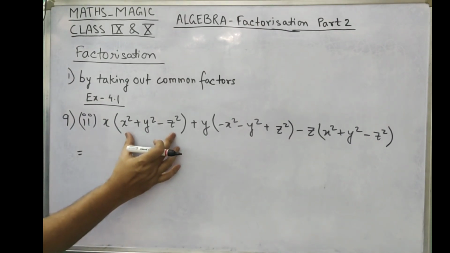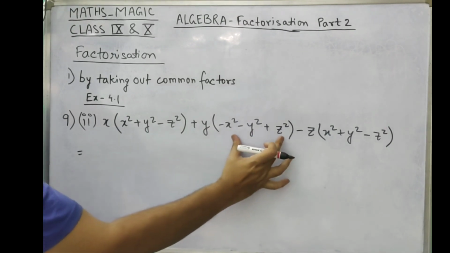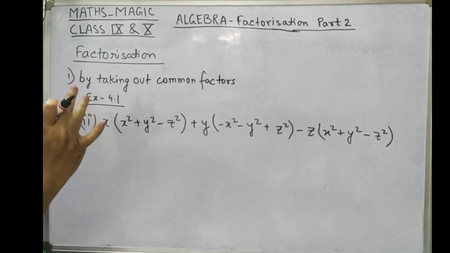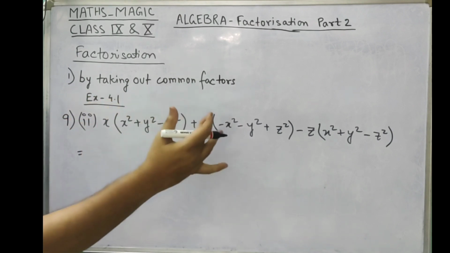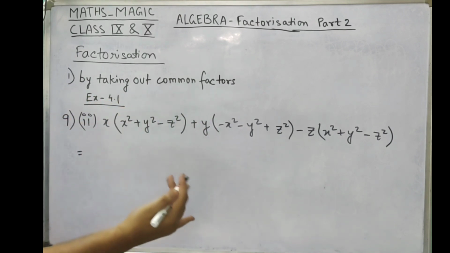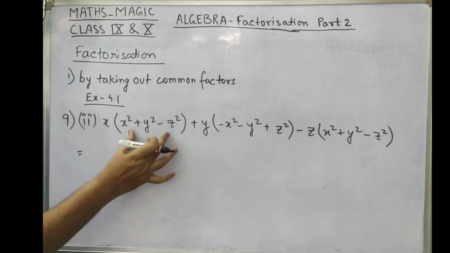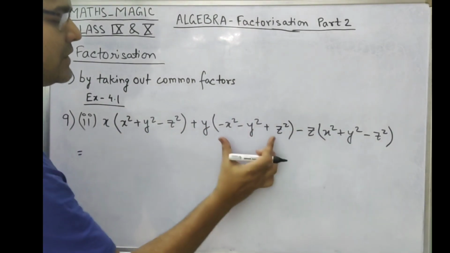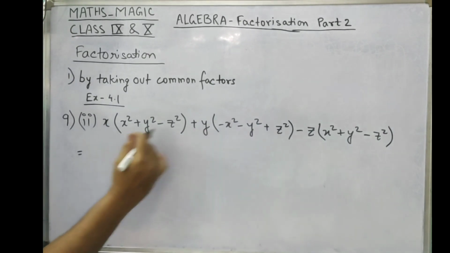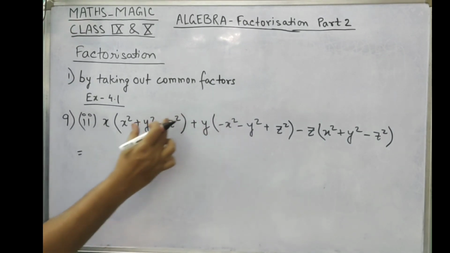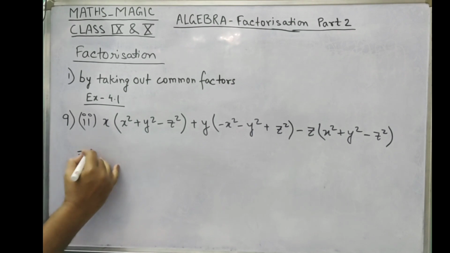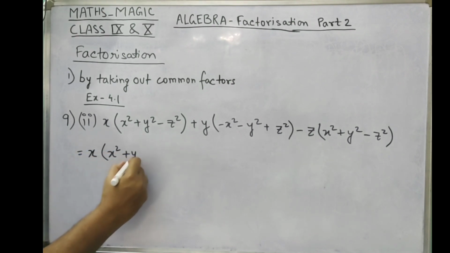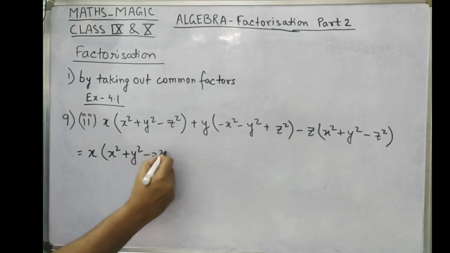Now here, this thing and this one look the same. We can take that out as common. But what about the sign? This one and this one are matching, but here the sign is a little different. So let us change this one into this, just like this: x square plus y square minus z square.